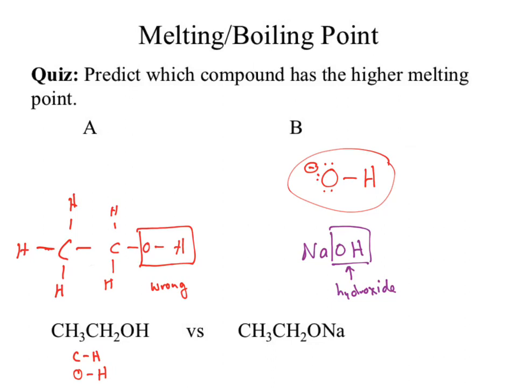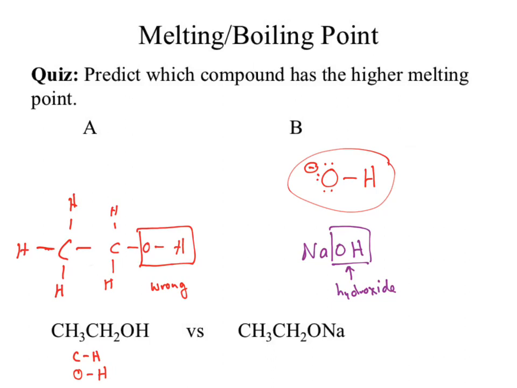It's only a base if it has hydroxide. Is that hydroxide? No. So everybody in Thursday's lab, guess what? You better not get the answers wrong on the lab. You now know the difference. Watch out for those definitions.